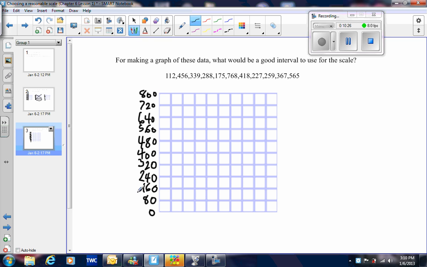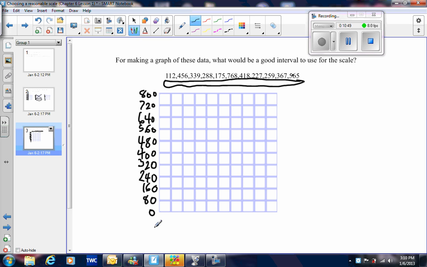But you make your scale and your interval to fit this data right here. You do not take this data and fit it onto the scale. You make your scale so that you're able to graph this data right here. That's what you're making your scale for.